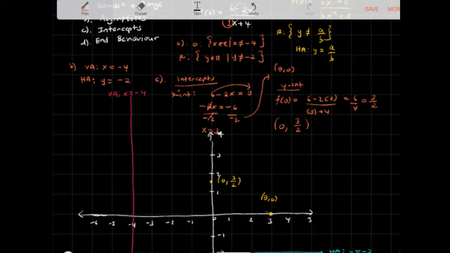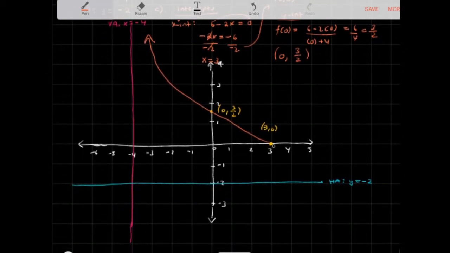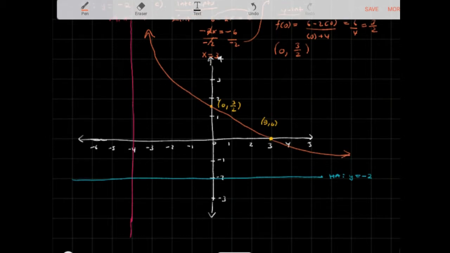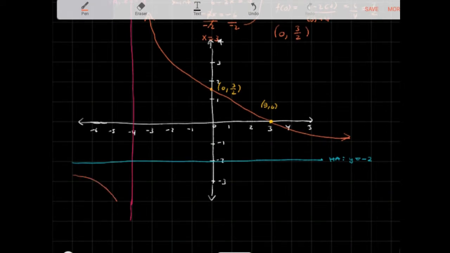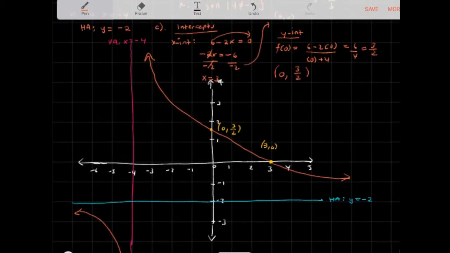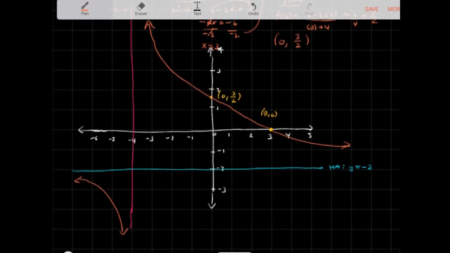You can notice that if we connect the two here, and you can make a much more refined sketch by creating more test points, but it's fine. We just need to create the sketch because we just want to identify the behavior, and we're going to follow the asymptotes this way. Just by looking at this, we have a sketch.